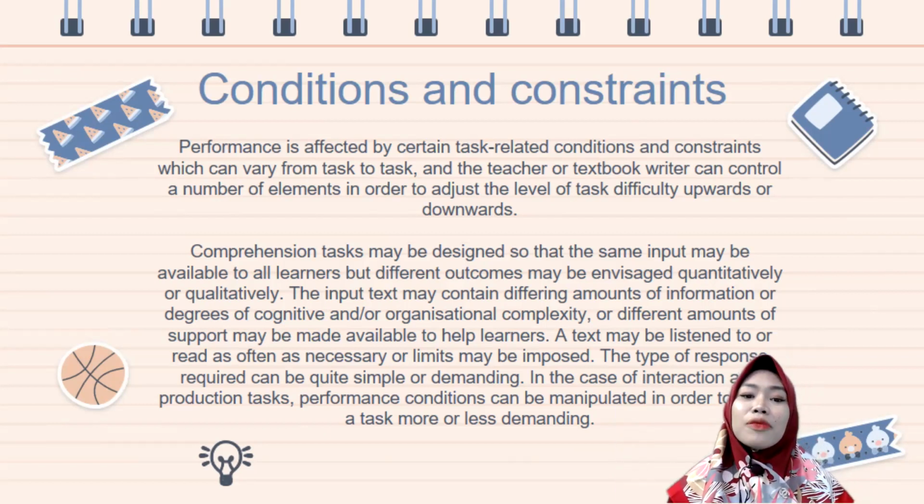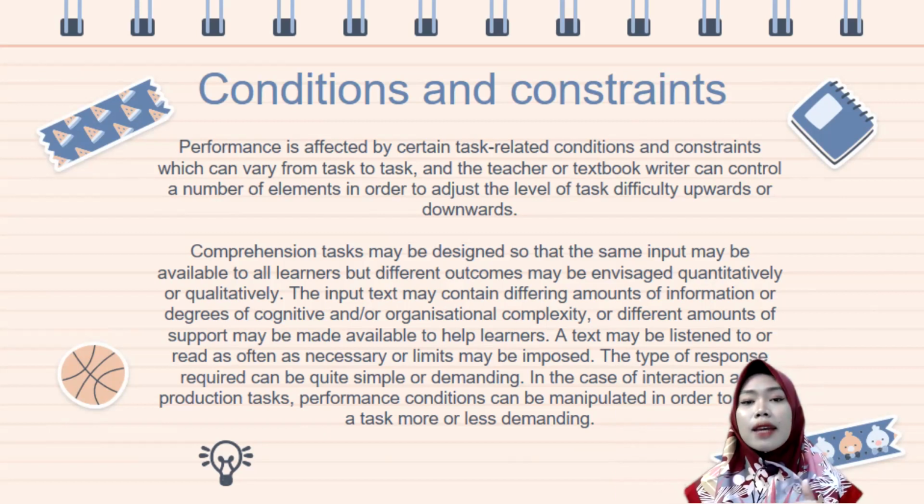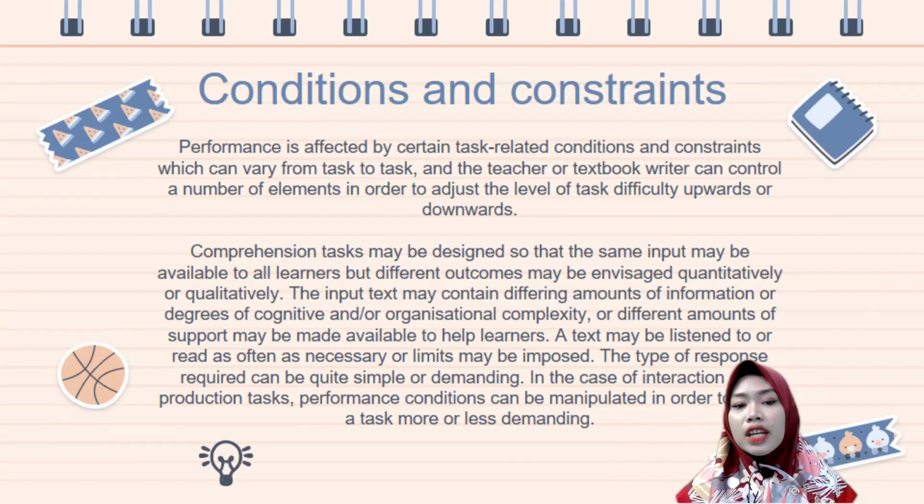A comprehension task may be designed so that the same input is available to all learners, but different outcomes may be emphasized quantitatively or qualitatively. The input text may contain different amounts of information, or degrees of cognitive and/or organizational complexity, or different amounts of support may be made available to help learners.